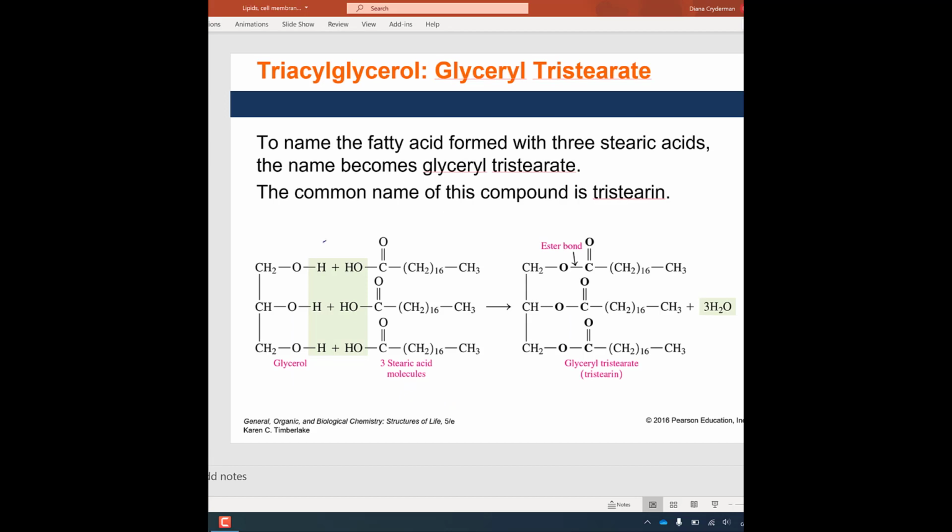So here is what we call a glycerol. So it's 3 carbons, a chain of 3 carbons. Each of them has an alcohol group on it, so each of them has an OH on it. And then we join each of those OHs, each of those alcohols, with its own fatty acid chain.